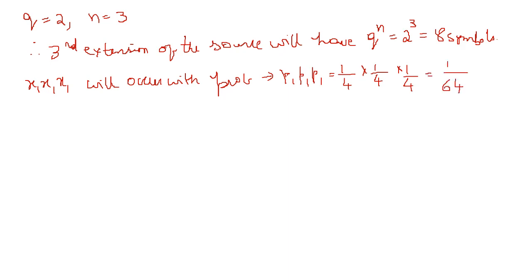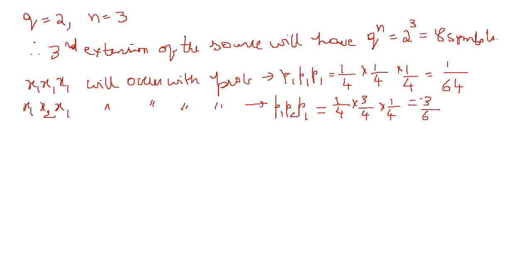The next symbol will be x1, x2, x1, and these symbols will occur with probability P1, P2, P1, which is equal to 1/4 into 3/4 into 1/4, which is equal to 3/64.